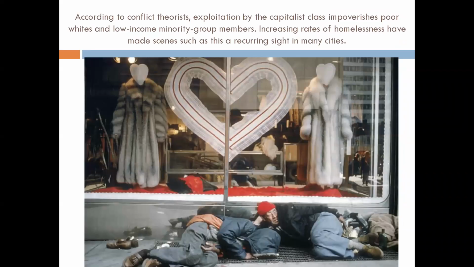And finally, it's a very popular vision in the great cities like Los Angeles, like San Diego. According to conflict theories, exploitation by the capitalist class impoverishes poor whites and low-income minority group members. Increasing rates of homelessness have made scenes such as this a recurring sight in many cities.